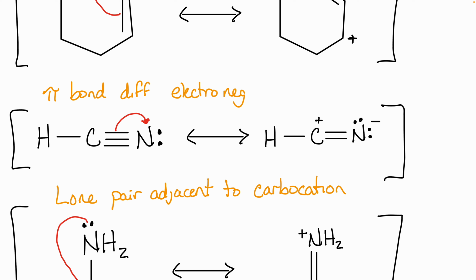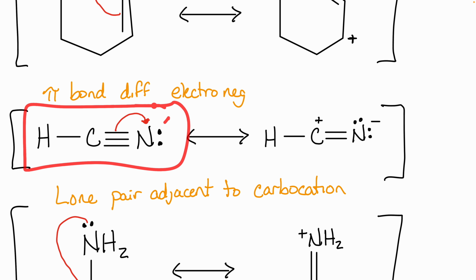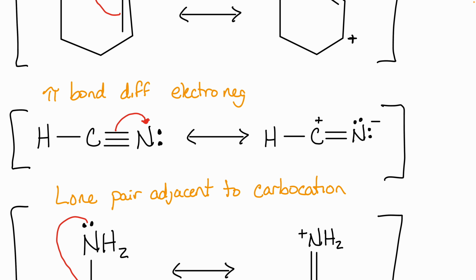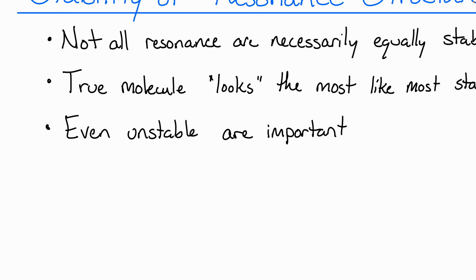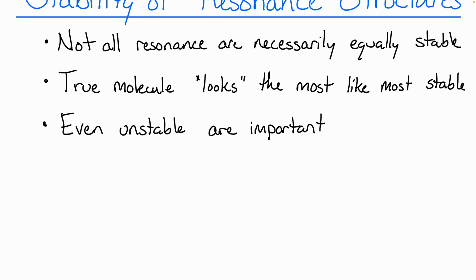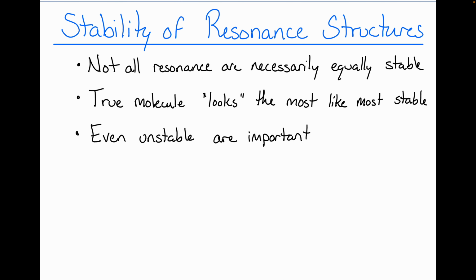This carbon in the middle here does indeed have a lack of electron density, a relative positive charge associated with it. So even though the other is what our true molecule looks more like, we still want to consider both of these resonance structures when we think about the chemistry of these molecules.